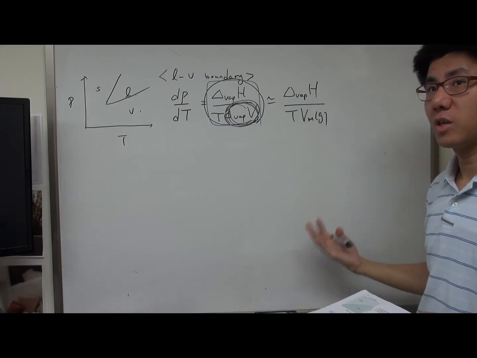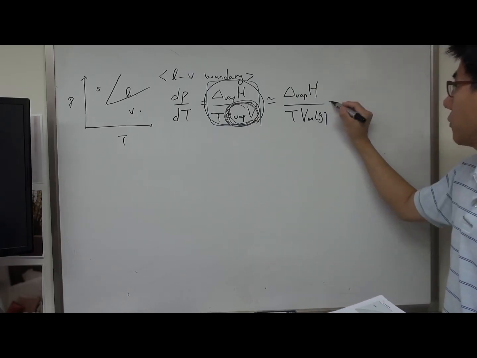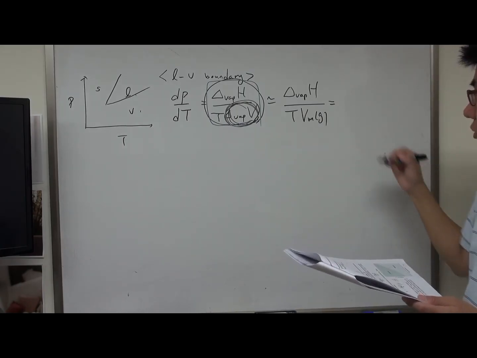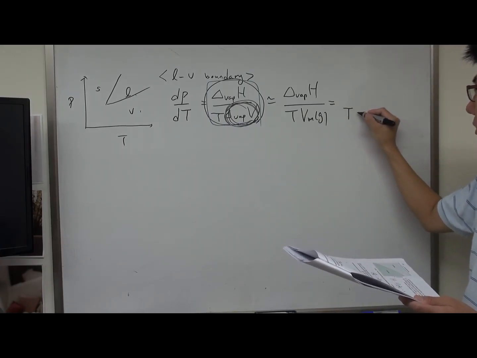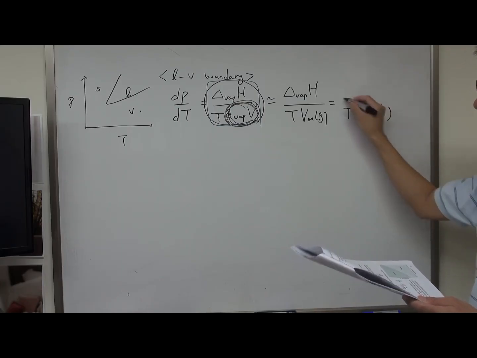Because the volume of liquid is much smaller than the volume of gas. Okay, and if you assume that the gas is a perfect gas, then the molar volume would be the same as RT over P using the ideal gas law.